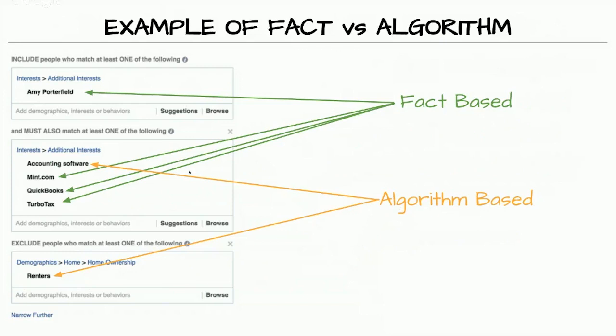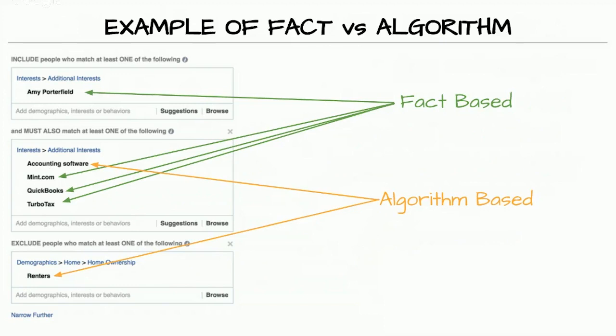Algorithm-based means it's Facebook's best guess based on some algorithm that we don't have any clue how it works. So for instance, maybe if somebody interacted with several of these brands, Facebook would put them in this category of liking accounting software. Maybe. I don't know. I've never been to Facebook headquarters and they've never shown me the brain, so I don't know.